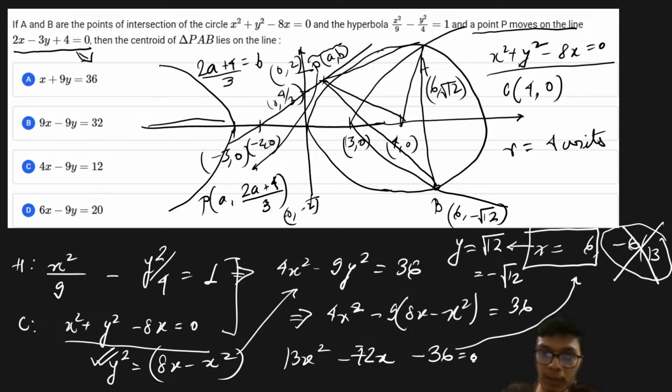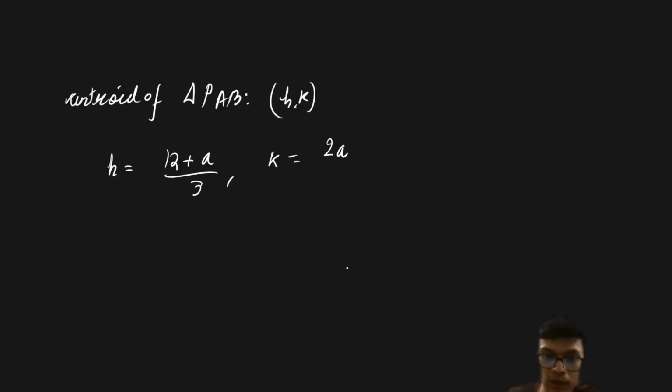So you'll get ((2a + 4)/3)/3, that is (2a + 4)/9. That is what we are going to have as k, right? I hope this part is clear.